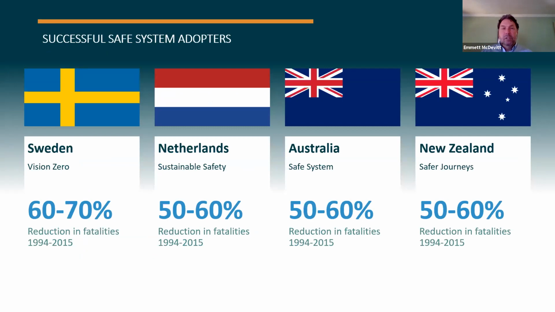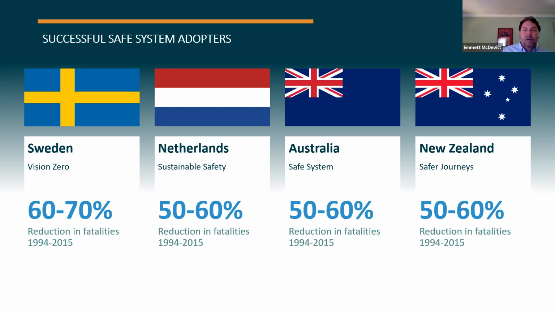If you're not convinced already, other countries have employed this safe system approach, and it's been around for about 30 years. You can see where some of these countries have experienced between a 50 and 70% reduction in fatalities over 10 years. Now, at the same time, the United States, because we haven't really fully adopted this safe system approach or Vision Zero, we've plateaued, and our average reduction is about 11% per year.